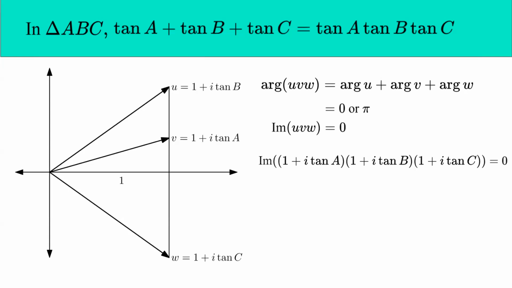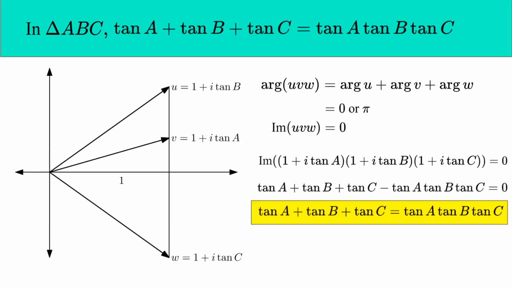If we use just one, we can get an imaginary term by using i tan A times 1 times 1, or 1 times i tan B times 1, or 1 times 1 times i tan C. If we use all three terms, we get i tan A times i tan B times i tan C. Thus, the imaginary part of this product is going to be equal to tan A plus tan B plus tan C minus tan A tan B tan C. Recall that i to the third power is negative i. Bringing tan A tan B tan C to the other side yields the desired result.